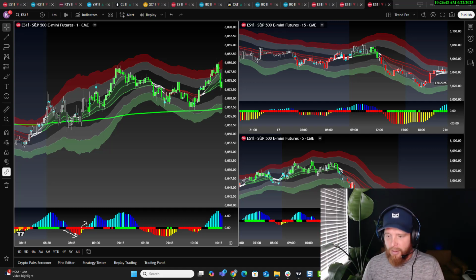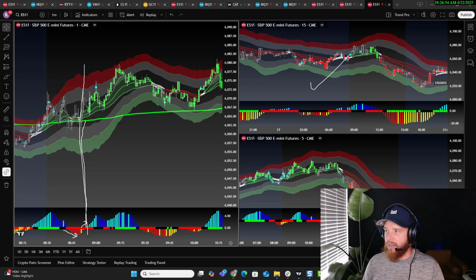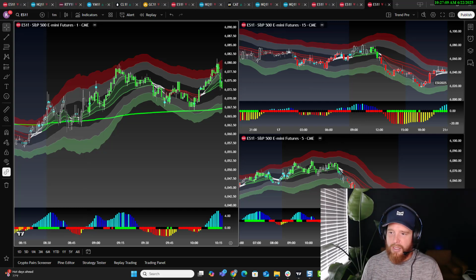I'll draw a line so we can see where that potentially happens, about right here. Now we have check, bullish, check, bullish. Now we get into position at the 21 EMA. You see this dark shaded area right here? That is within 1 ATR of the 21 EMA.